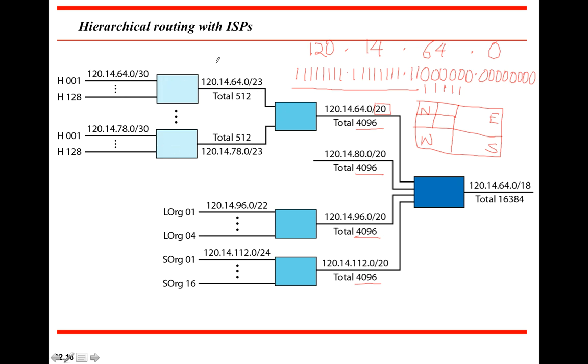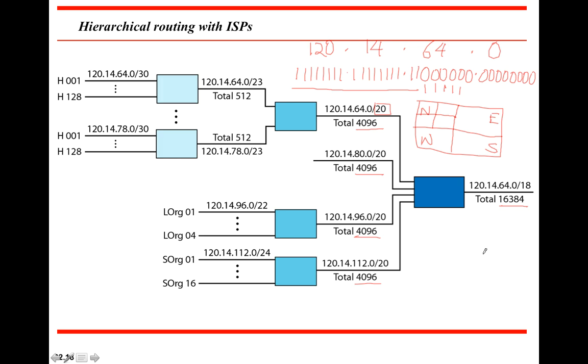What is the advantage of doing all this? We still know that the total number of hosts in this region with this IP address is 16,384. All these hosts will be recognized by the same base network address with a subnet mask of 18.